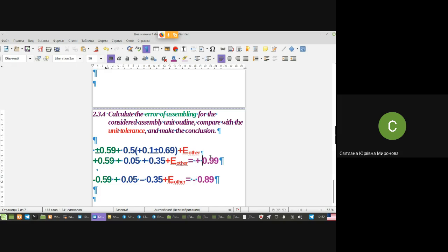No, here is practically the whole millimeter, plus millimeter, and here minus 89, less than millimeter. But now it's not the final value because we have here again the same story, plus error other.